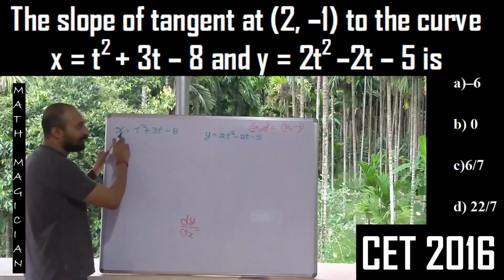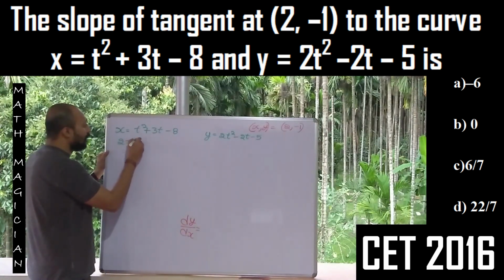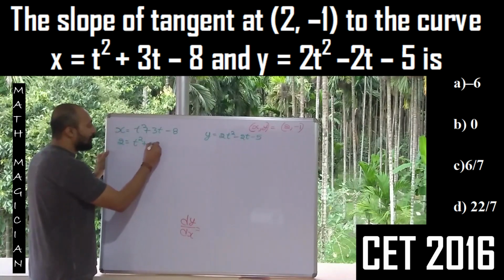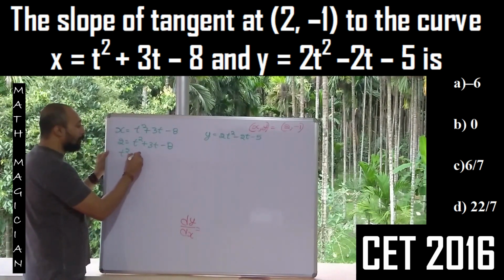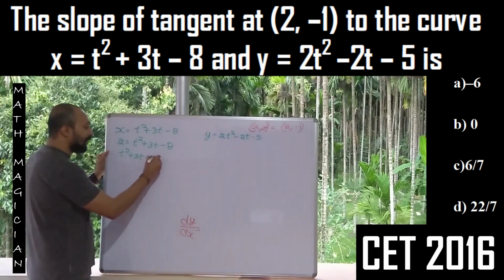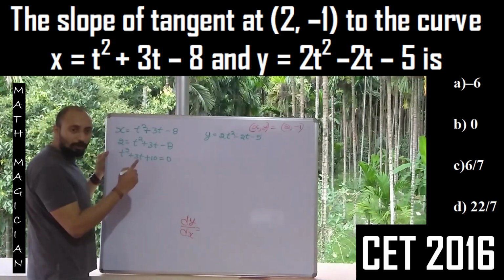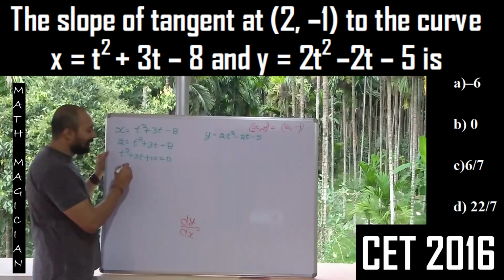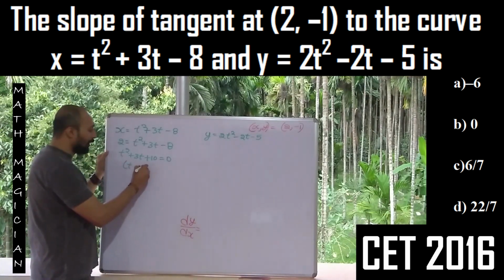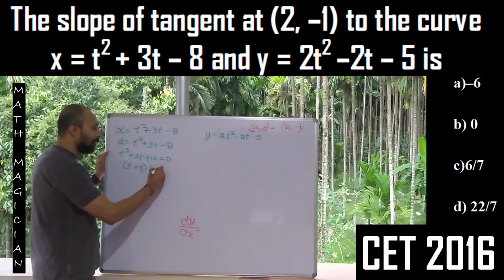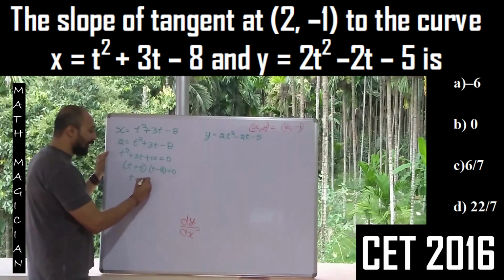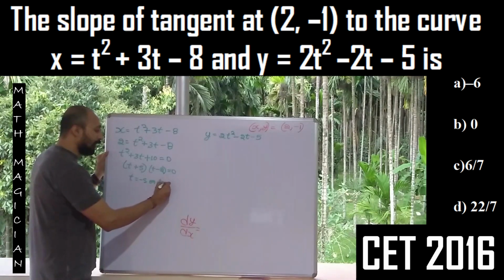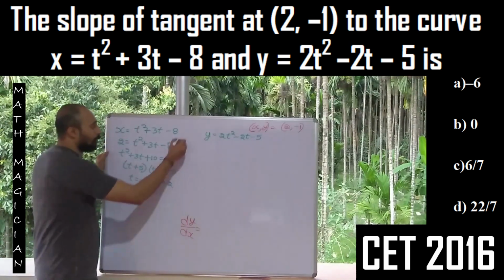When I substitute the x value here, it will be 2 equals t square plus 3t minus 8. So this is nothing but t square plus 3t minus 10 equals 0. I can write this as (t plus 5)(t minus 2) equals 0. So either t is minus 5 or t is plus 2.